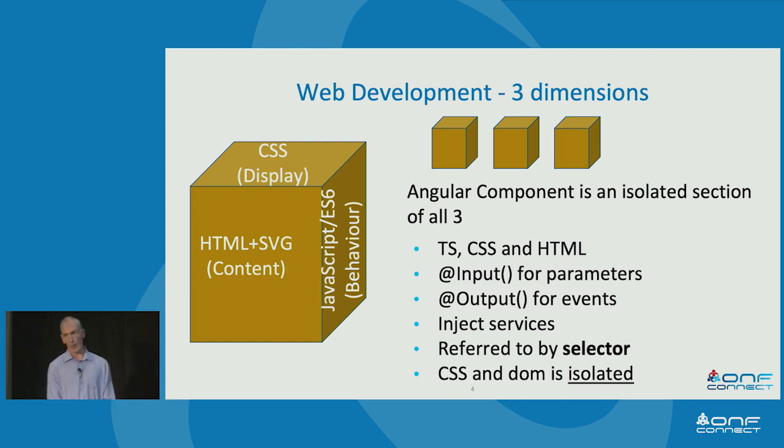If you take the Angular component, it is really a way of dealing with the complexity of web applications. When you see a web page, it's what they call a DOM, a document object model, and it's got several different branches for every single component you see. What the Angular component tries to do is have an isolated little nugget of that web page.